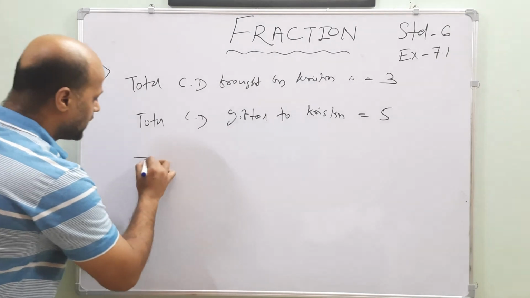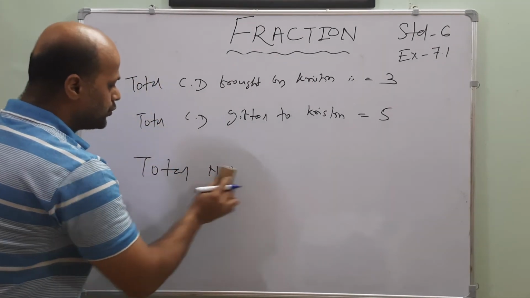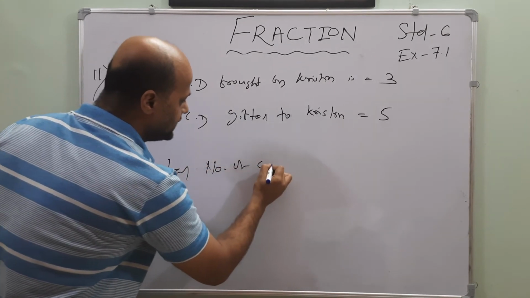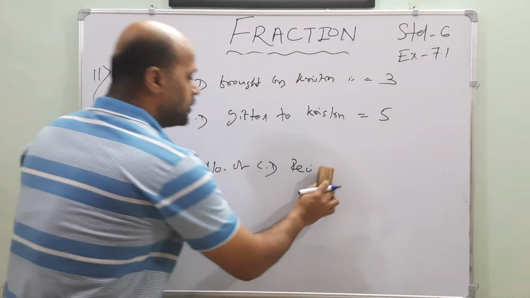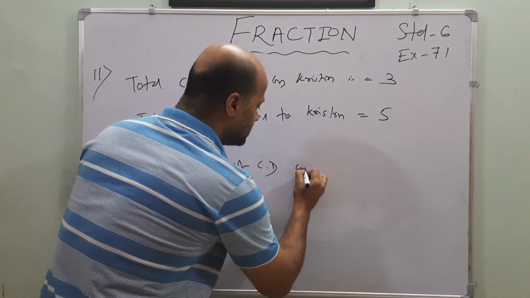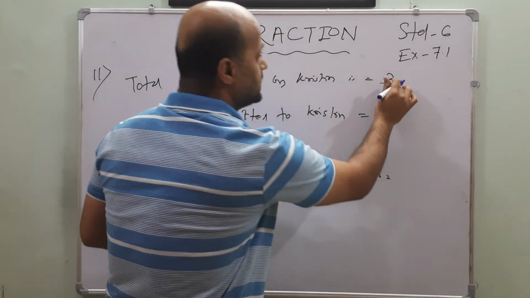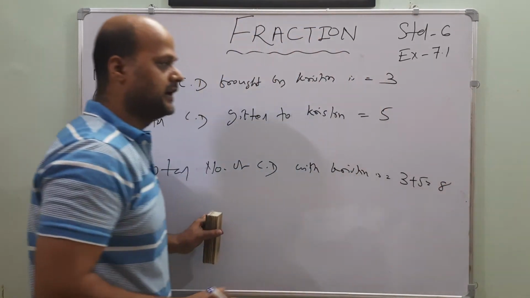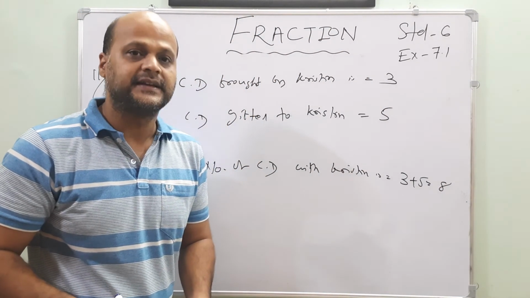Okay, total number of CDs how much? Will tell me. Total number of CDs, first you have to write it. Total number of CDs received, or you can write with Christine, is 3 plus 5. It is 8. Okay. So what is the fraction of CDs bought by Christine?